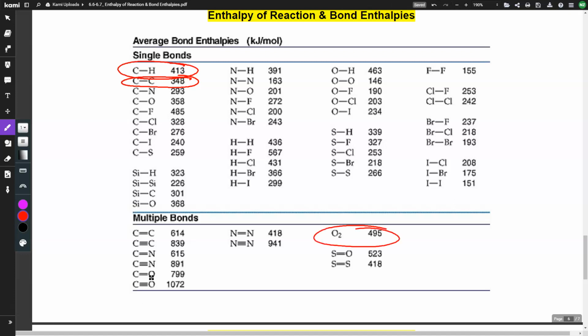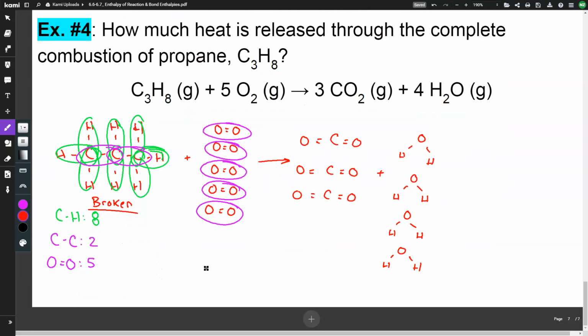So I would plug in those values. We have 8, and CH was 413 kilojoules. Carbon-carbon was 348. And then our O2 was 495. I would multiply and then add those up, and I get 6,475 kilojoules.